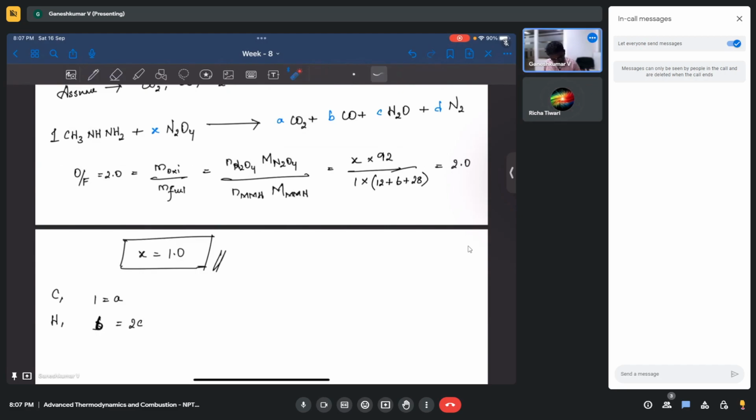So c will be just 3. Next is nitrogen. If we put nitrogen, we have 2 on the fuel and 2x from the oxidizer, which is going to be 4, equal to 2D. D is equal to 2.